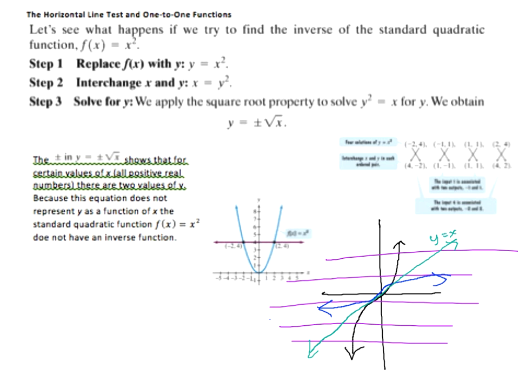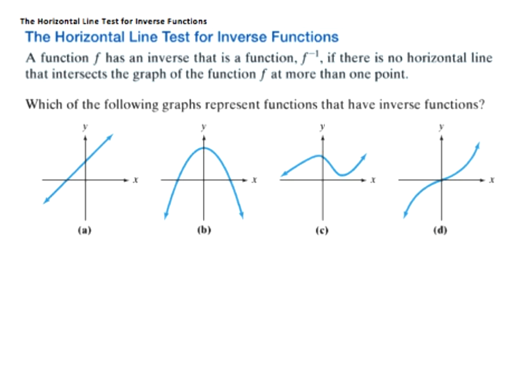All right. So this should be super easy. You just want to see which graphs represent functions that have inverse functions. Well, I'm just going to do the horizontal line test. Since the line here passes the horizontal line test, yes, this function has an inverse function.